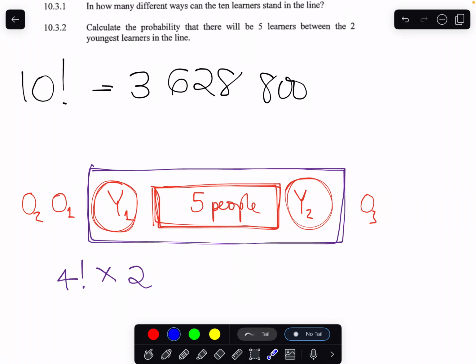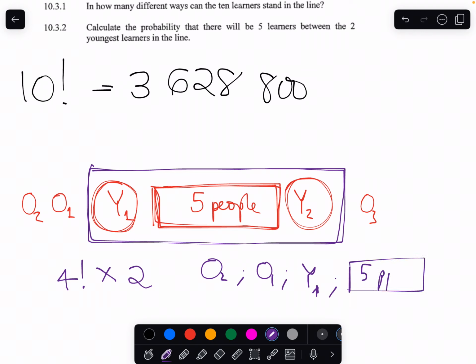Anyway, then we also need to consider that for any of these arrangements, suppose we have other person number 2, other person number 1, young person number 1, and then the 5 people, and then young person number 2, and then other person number 3. For this arrangement, there are different ways we can arrange the 5 people in here. So we could have A, B, C, D, E. That is one arrangement.